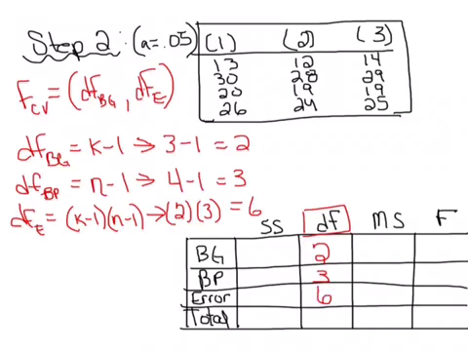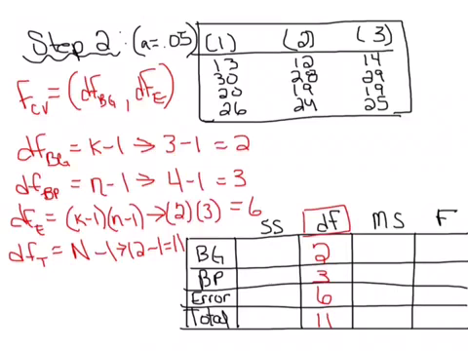That's our error. And then the degrees of freedom total is capital N minus 1. How many observations total do we have? We have 12 total because there's 4 observations in each condition, right? Minus 1 equals 11. So we have 11 there.